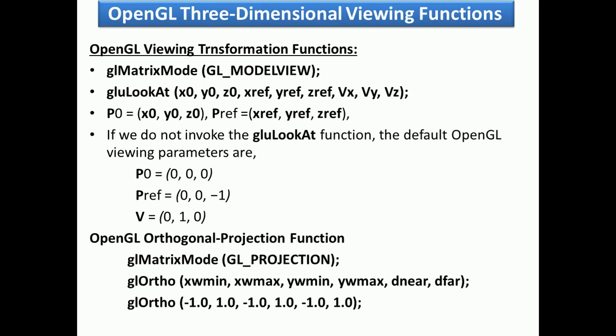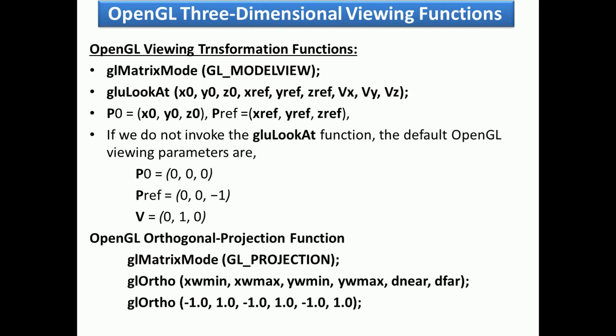This composite matrix is then applied to transform the object description in world coordinates to viewing coordinates. We set the modelview mode with this statement, glMatrixMode. To this function we pass one parameter, that is GL_MODELVIEW.